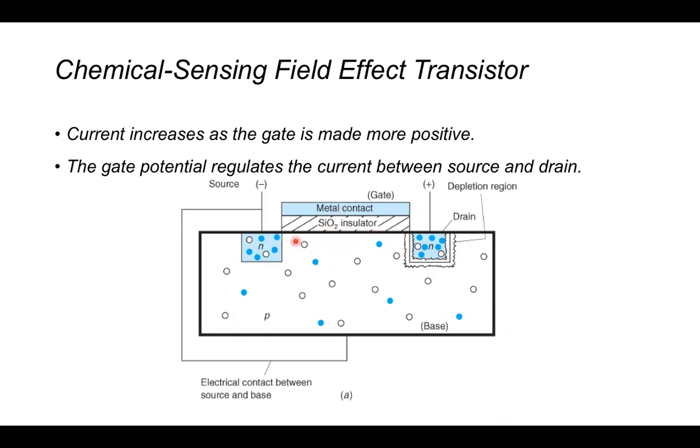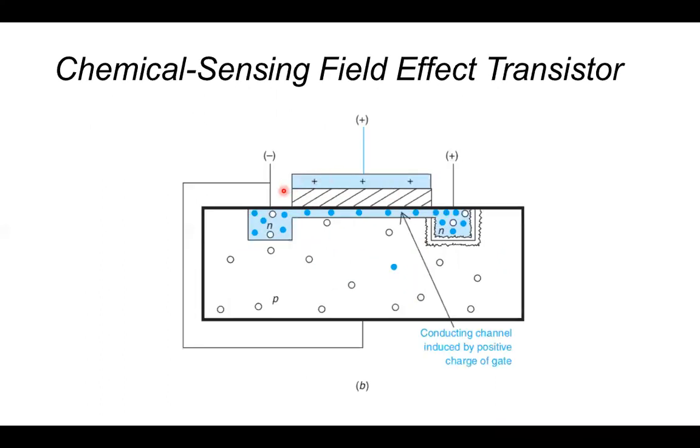And if these electrons are attracted towards the insulator, we will end up with what we'll see on the next slide, which is going to be a current flowing. So here we have it whenever we have made this metal part positive because of its interaction with some sort of chemical analyte, and then we get some sort of potential flowing.